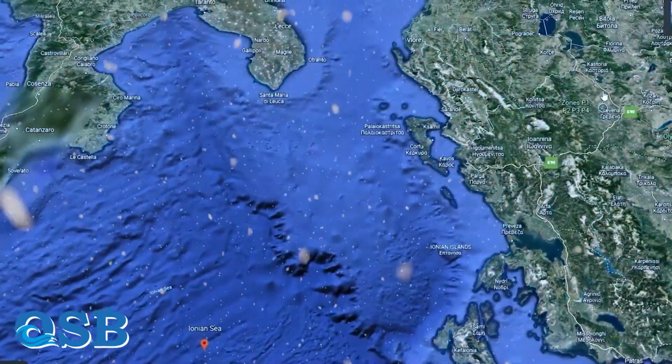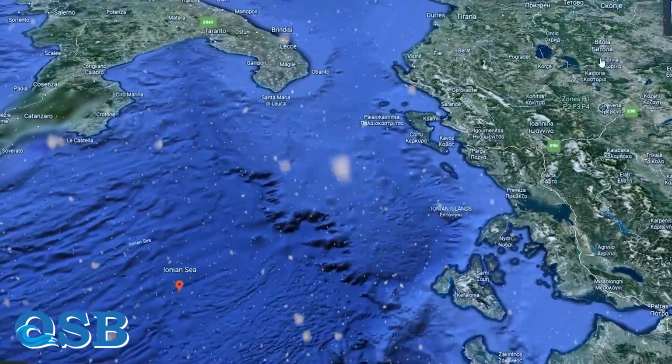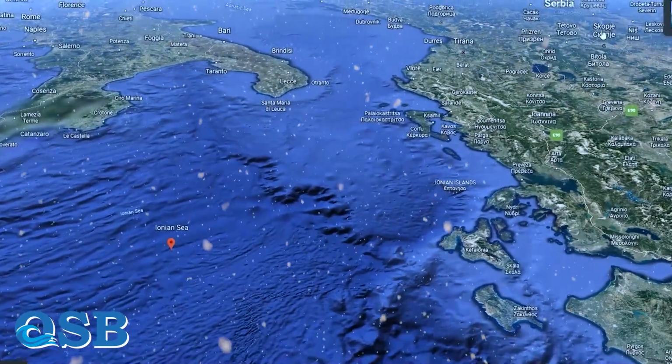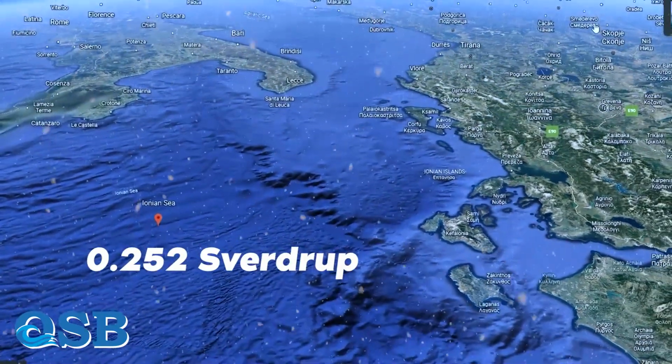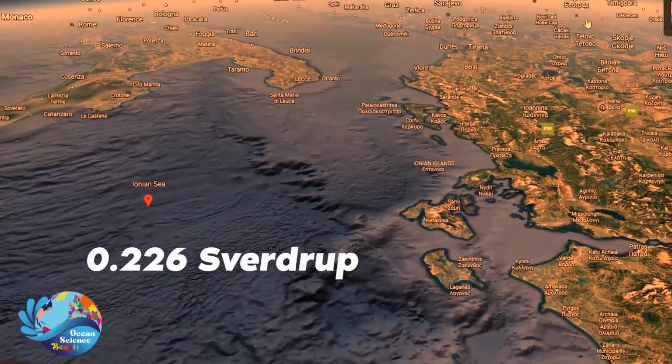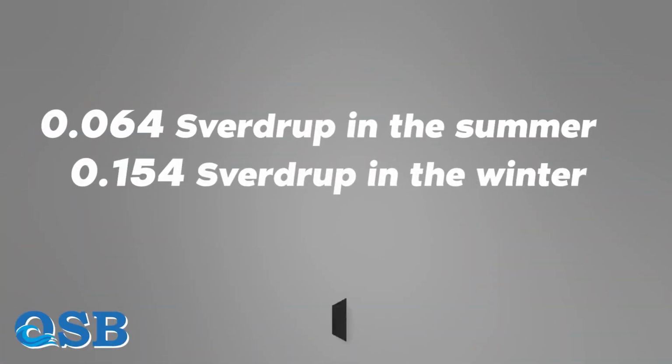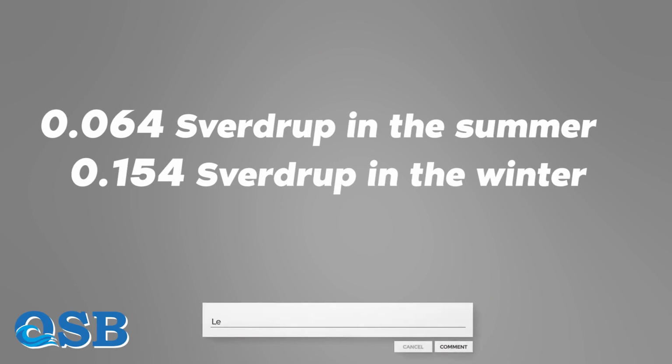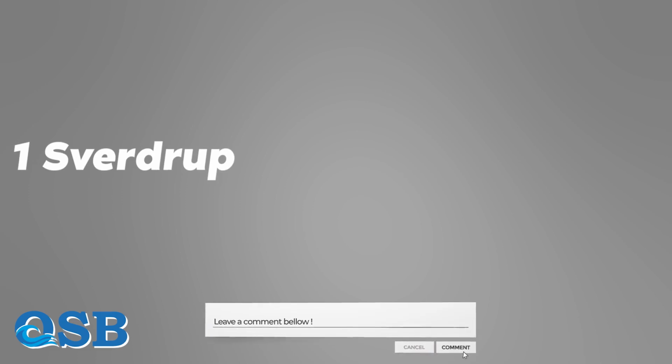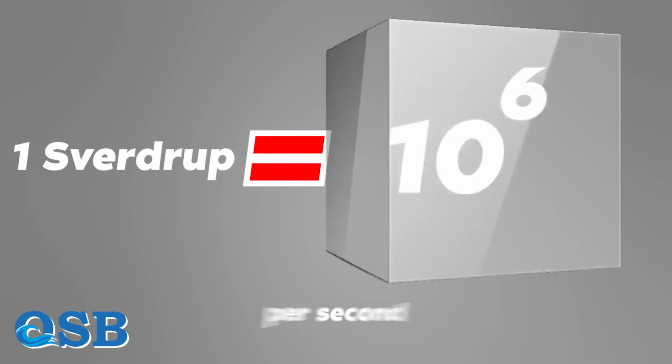In the winter, the water that enters from the strait as intermediate water is roughly 0.252 sverdrup and 0.226 sverdrup in the summer. The dense flow leaving the Adriatic Sea is 0.064 sverdrup in the summer and 0.154 sverdrup in the winter. We know that 1 sverdrup is equal to 1 million cubic meters per second.